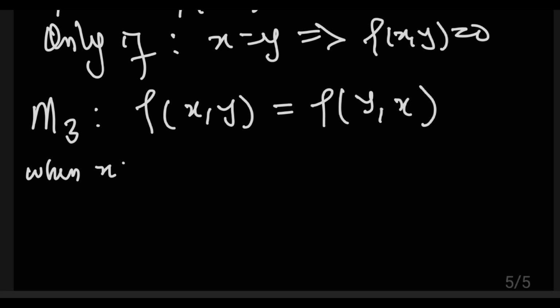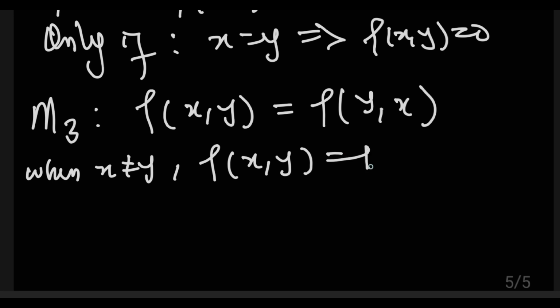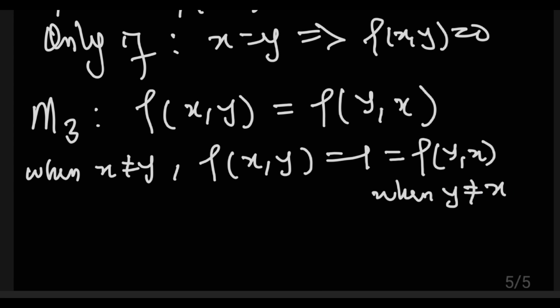When x is not equal to y, you have rho xy equal to 1, which is the same thing as rho yx when y is not equal to x. So we have to consider 2 cases here.